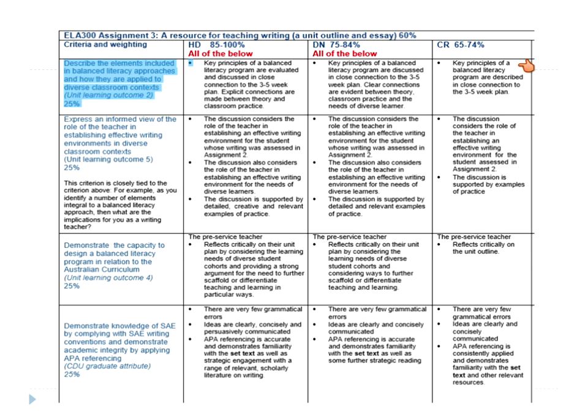Key principles of a balanced literacy program are described in close connection to the 3 to 5 week plan. I also have a really nice introduction which blends into an overview of what the key principles of a balanced literacy program are. You don't have to have every single thing you can think of, but just the key principles are described.